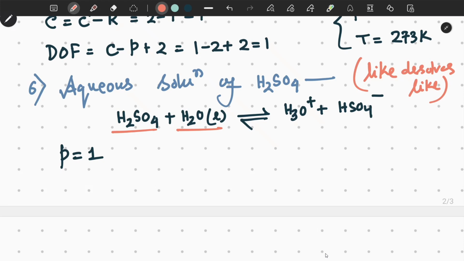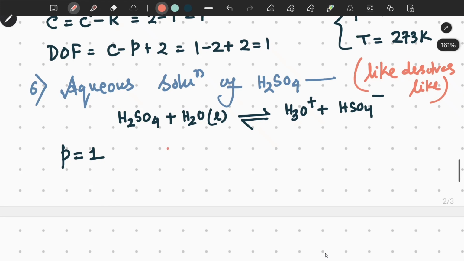When you mix H2O and H2SO4, could you identify different components? In your lab, you use dilute H2SO4. So that essentially seems to be one phase, right? Yes, one phase. That's why I'm saying repeatedly, don't judge this question from a textbook question. You have to just visualize, then it will be very easy.